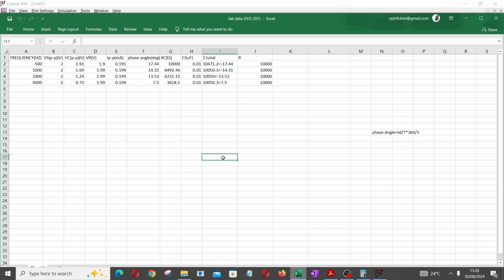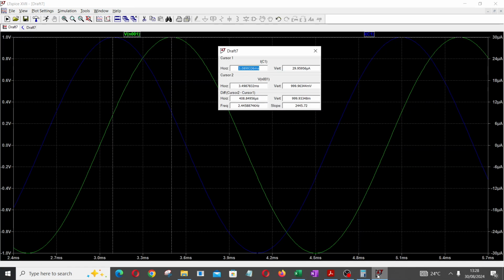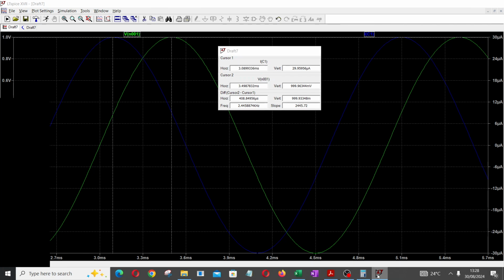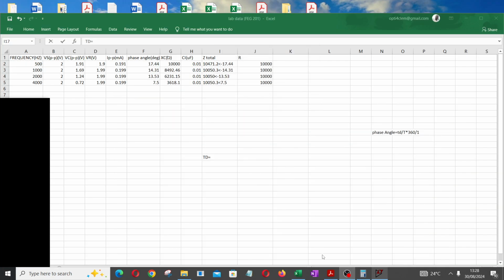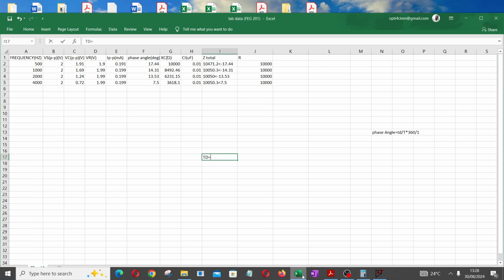So let's work that out. The time difference TD, you can use either small or capital letters, is 408.849 multiplied by 10 to the power minus 6 seconds, since it is in microseconds.